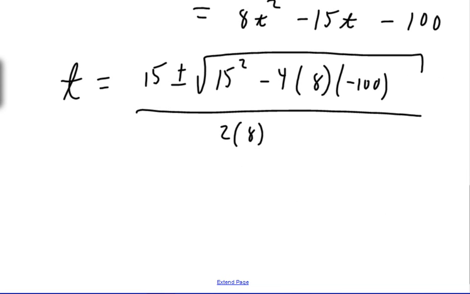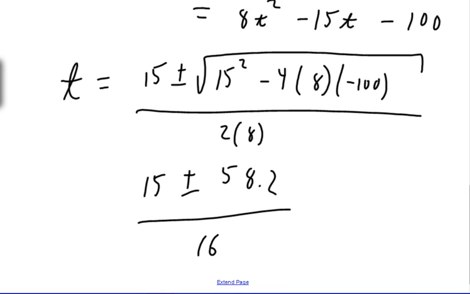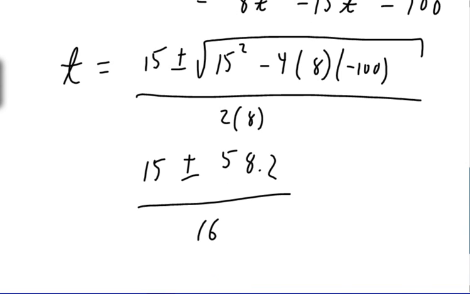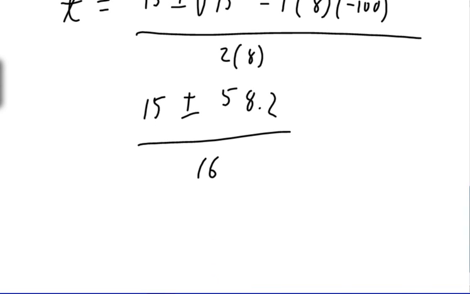Luckily, my calculator is all charged up, ready to go. 15 squared plus 4 times 8 times 100 equals, square root. So I have 15 plus or minus 58.2 divided by 16. Oh, that doesn't seem right. Oh yeah, it does. That seems right.